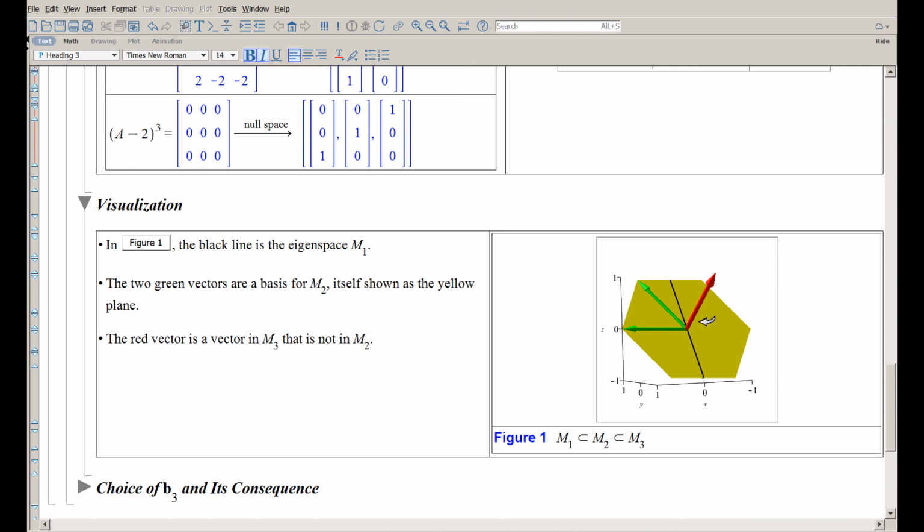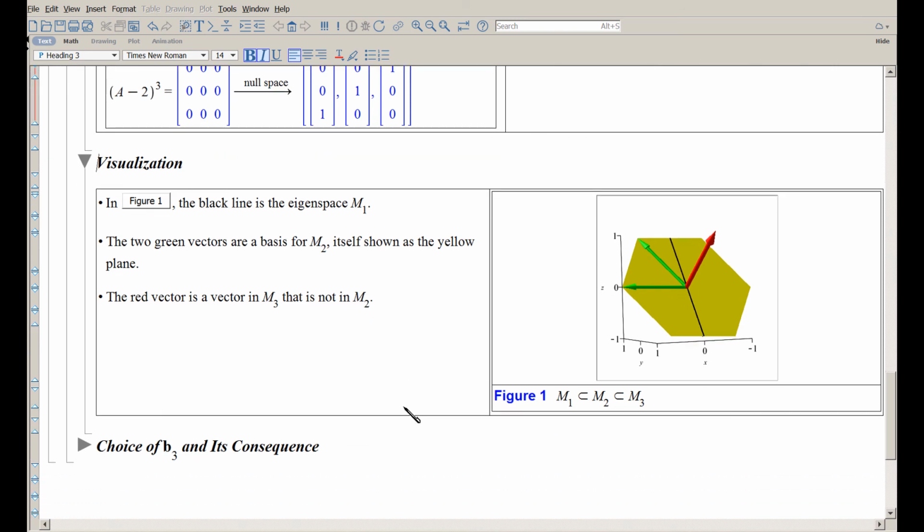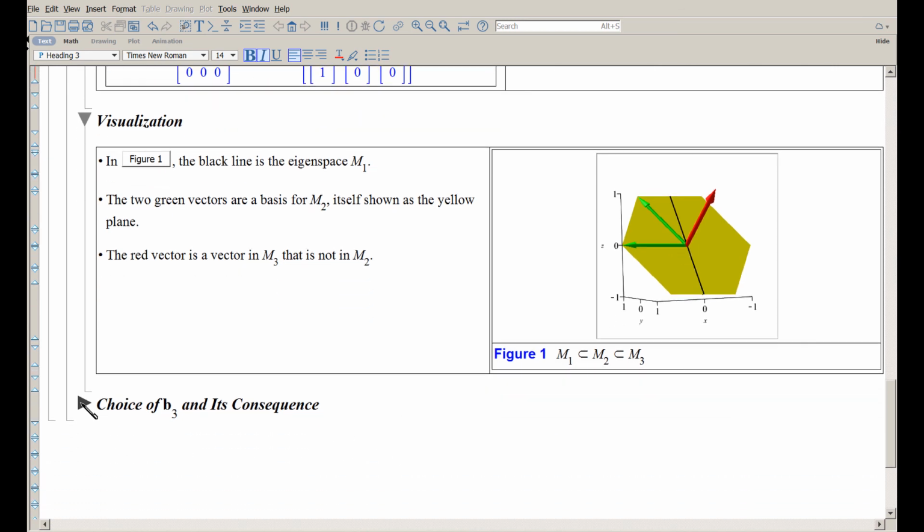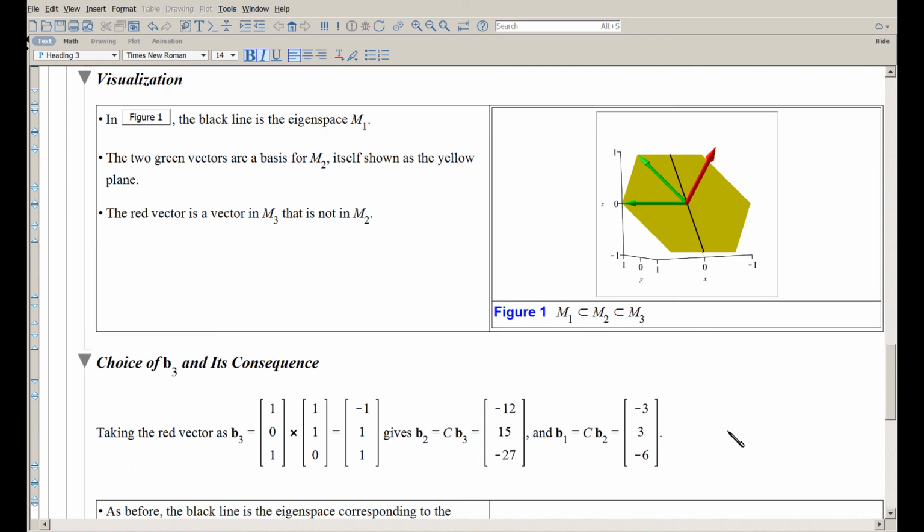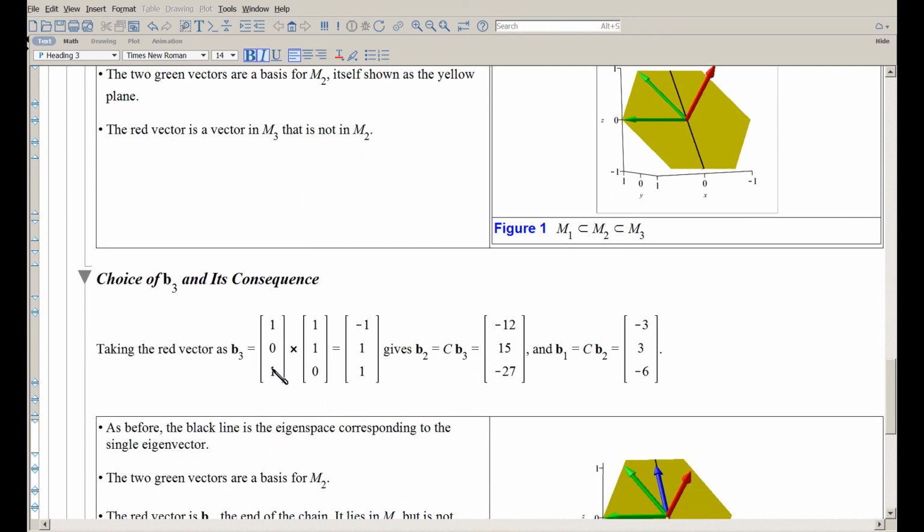Now the easiest vector to get that's not in the plane spanned by B1 and B2 would be to take the normal to that plane. That would be a choice for B3. So, if we take the cross product of the two null vectors that give us M2, we will get this vector.